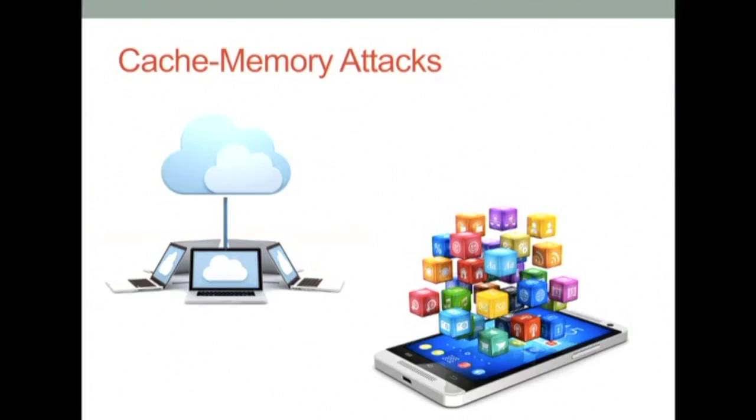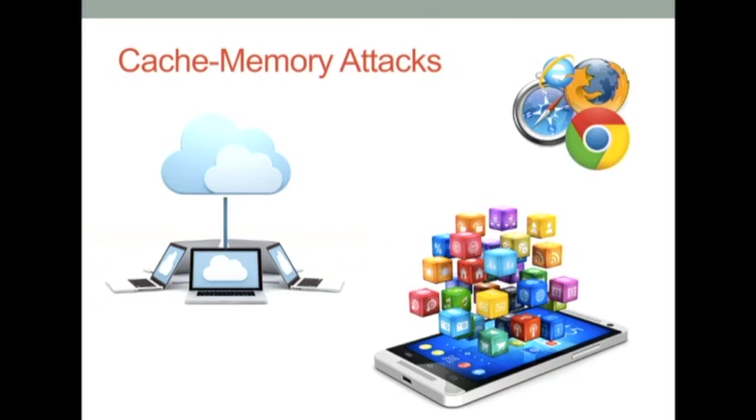On mobile devices, it is possible to have multiple applications that do not trust each other run on the same device but share the memory and cache system. Another scenario is browsers. JavaScript applications can run in browsers and share the same CPU and memory hierarchy with the other components of the computer system.